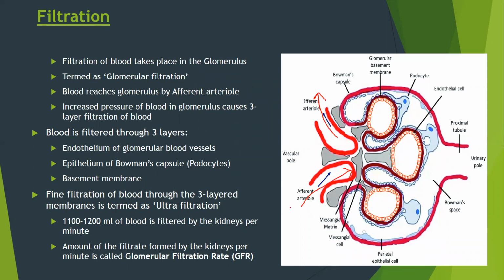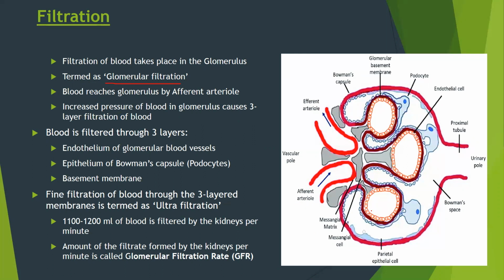The diameter of the afferent arteriole is more and the diameter of the efferent arteriole is less. So there is a pressure buildup in the glomerulus, and then the filtration takes place. This is also known as glomerular filtration.